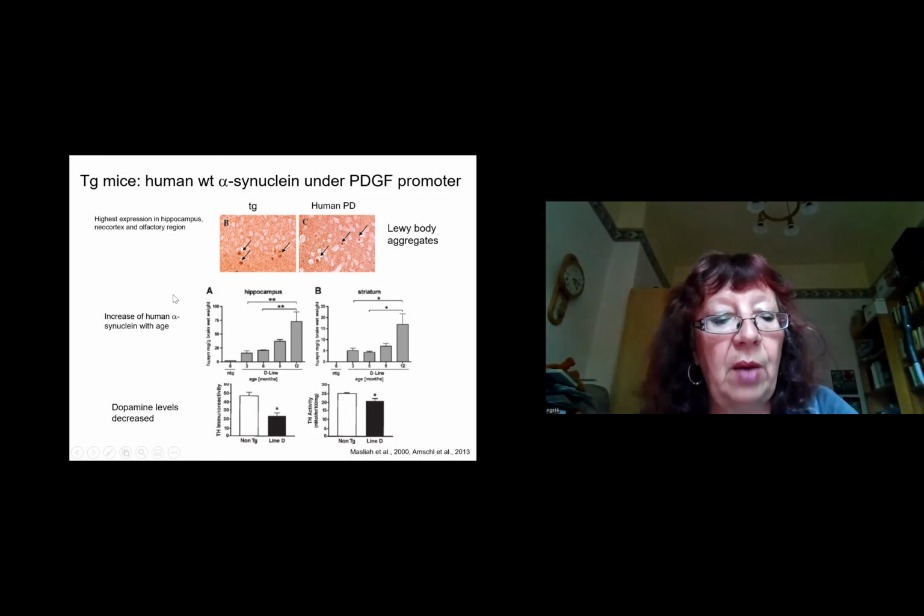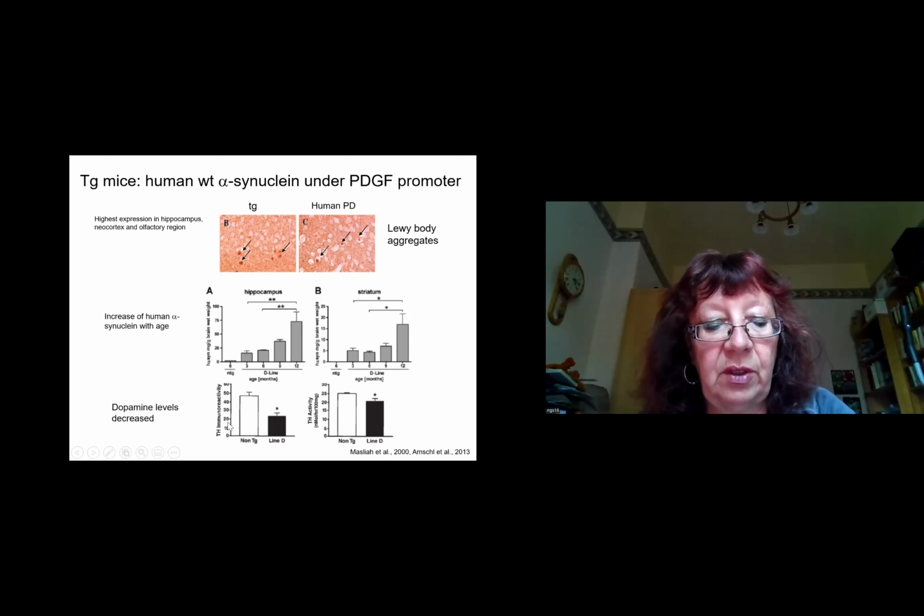Interestingly, if you follow these mice, you need almost 1 year until the amount of the transgene, the human wild type alpha-synuclein, increases in the hippocampus as well as in the striatum.